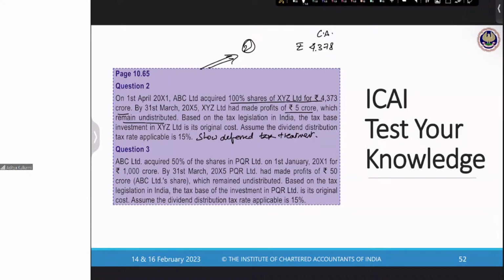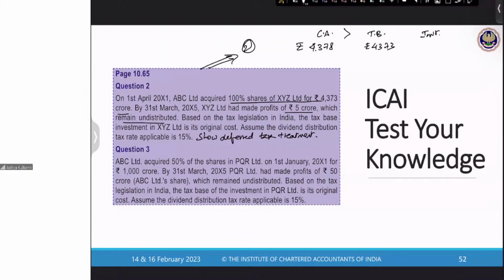Means, rightfully, your investment is worth 4,373 plus the 5 crore on that. So therefore it is worth 4,378. Coming to the tax base, this tax base remains as 4,373. The tax base remains as 4,373.